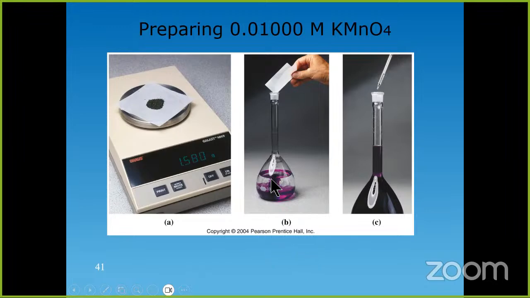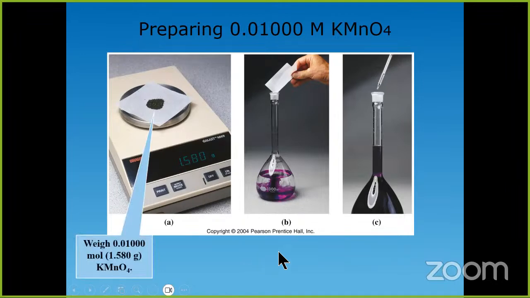So we tend to use this piece of glassware to make solutions from scratch, starting from the solute and the solvent. So basically what you need to do in this particular example is that you weigh the amount of the solute, which is equivalent to 0.0100 moles, which turns out to be 1.580 grams.